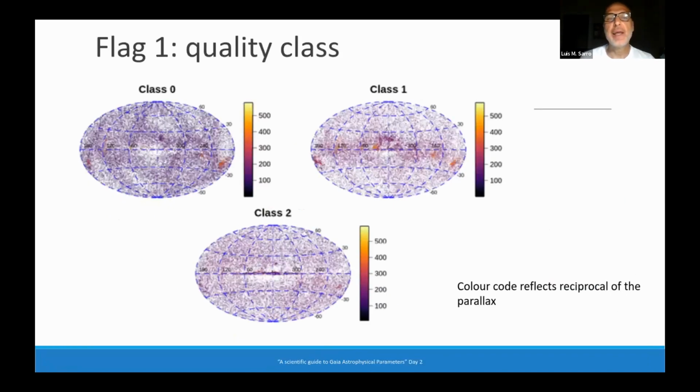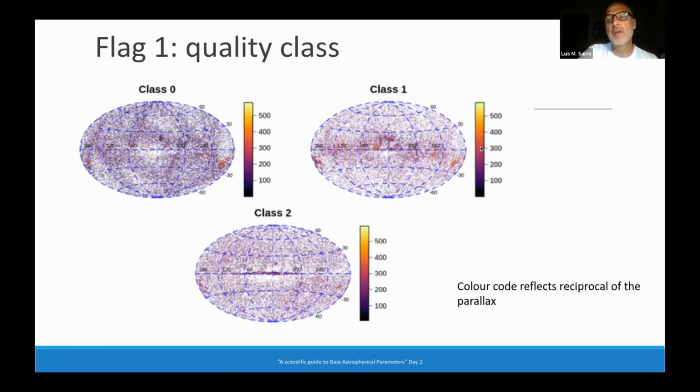Now, once we did that, we produced quality flags for our effective temperature predictions. And you can see here the distribution in the sky of class 0, which is the best quality, class 1 and class 2 sources. The two most important things to remark here: you can see overdensities in the celestial sphere.